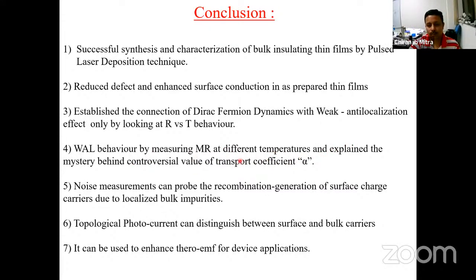We explained the mystery behind the controversial value of the transfer coefficient alpha. Noise measurement can probe the generation-recombination of surface carriers. These are like two-level systems, which is why we saw the peak in the case due to localized bulk impurities. And topological photocurrent can distinguish between surface and bulk carriers, and it can be used to enhance the thermo EMF for device applications.